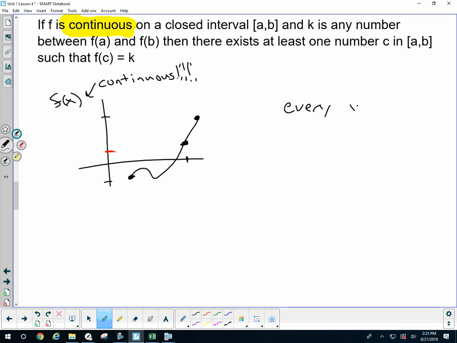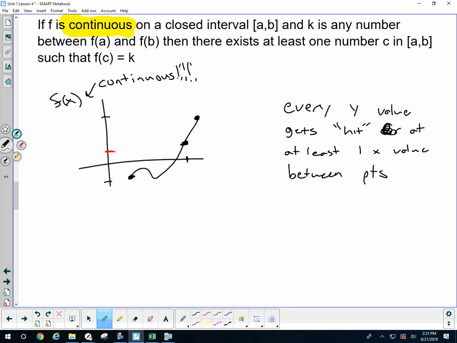Every y value gets hit for at least one x value between your points. Okay? This is how we're going to apply it.